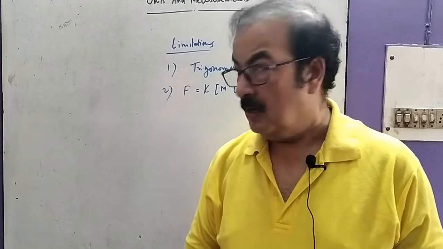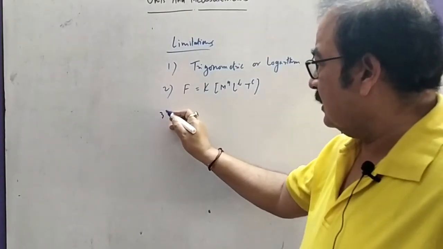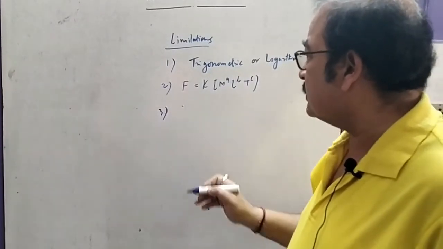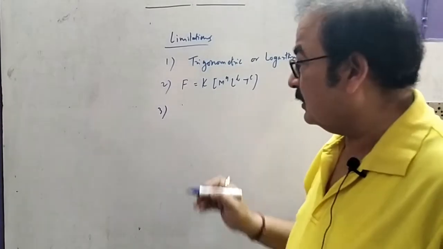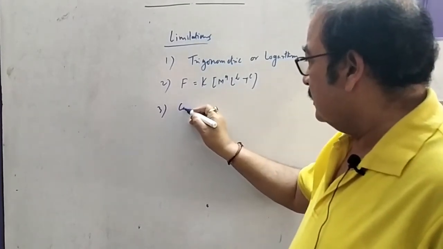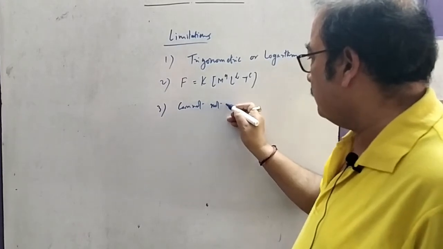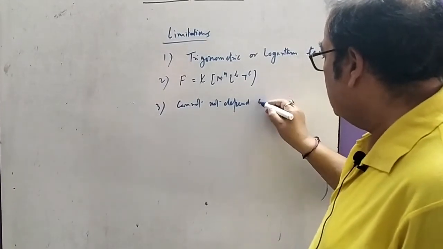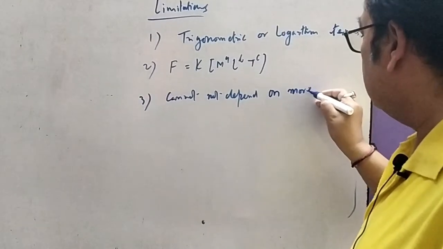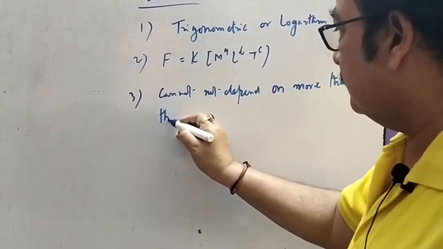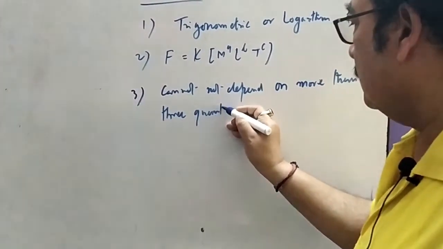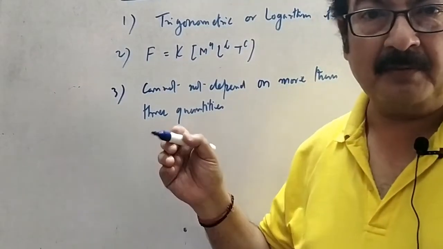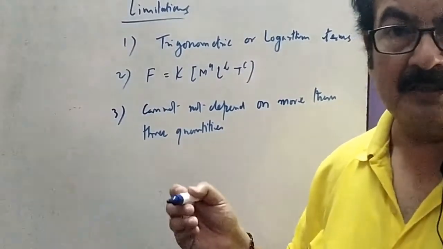And number three, any physical formulation by the dimensional method cannot depend on more than 3 physical quantities.